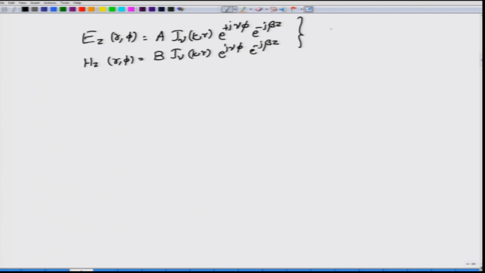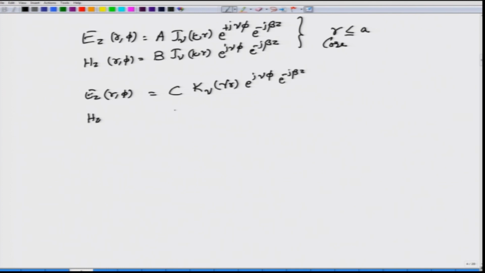These are the solutions for r less than or equal to a, meaning the solutions for the core region of the fiber, whereas the solution for the cladding region will be again some constant C, and instead of J nu which is oscillatory, K nu which is exponential. So, K nu of gamma r, e to the power j nu phi, e to the power minus j beta z.